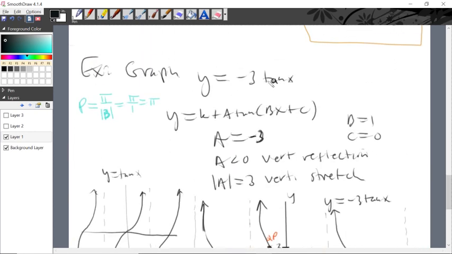That is, negative 3 times the tangent of negative pi should output 0. And it does. Again, using the fact that tangent is odd, we can pull this negative to the front. So we get 3 times the tangent of pi, which is 3 times 0, which is just equal to 0, for example.